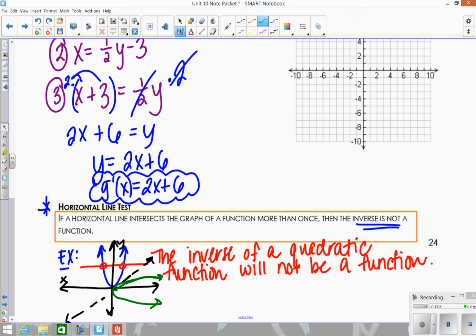And you would see that this is not a function because it wouldn't pass the vertical line test. So the inverse of any quadratic would not be a function. Same with anything where you can draw this horizontal line through and it hits twice, it's not going to be a function. So that's something to keep in mind.